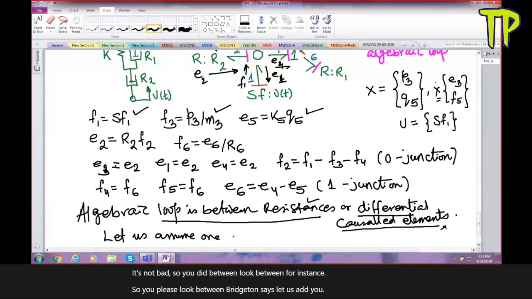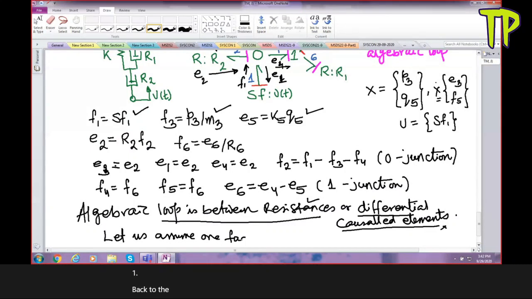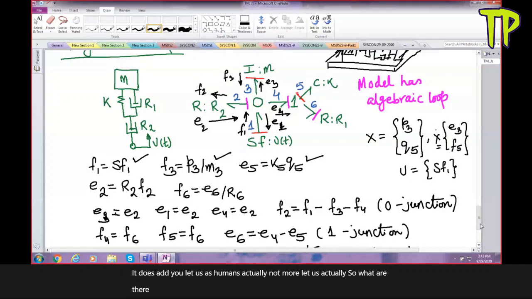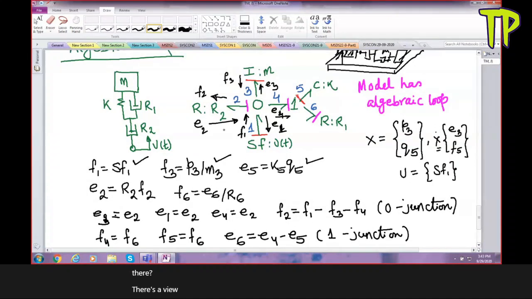one factor of power in the resistance is known. Let us assume. It's actually not known. So what are there? Let's assume either E2 or F2, one of them is known.